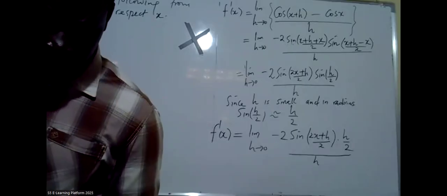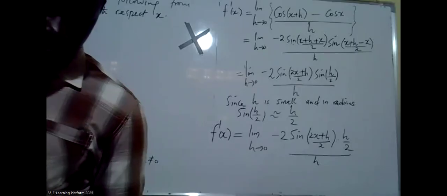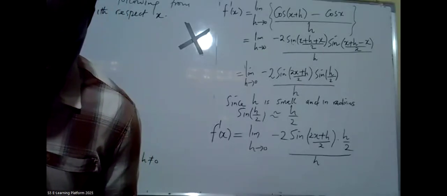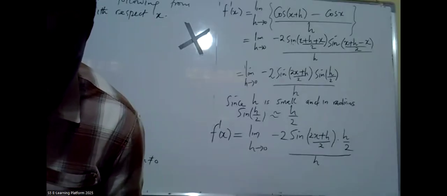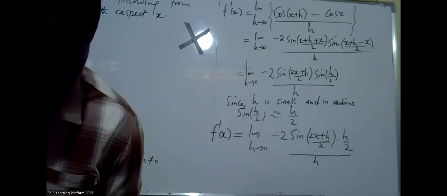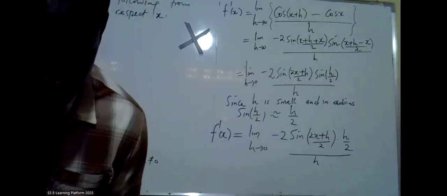Perez Maguzzi says negative sine 2x plus h over 2. That is very good. Negative sine x, that is Wemba Serena. That will be the final result probably from Wemba.